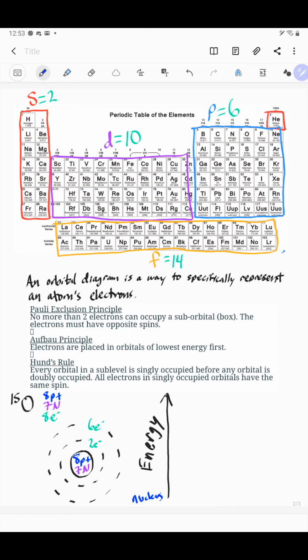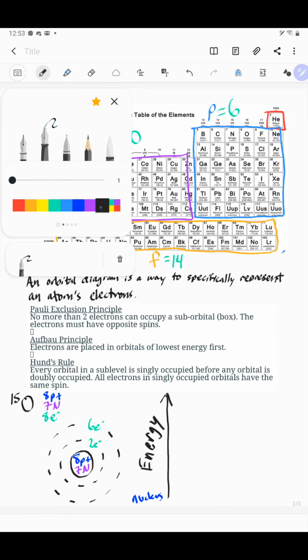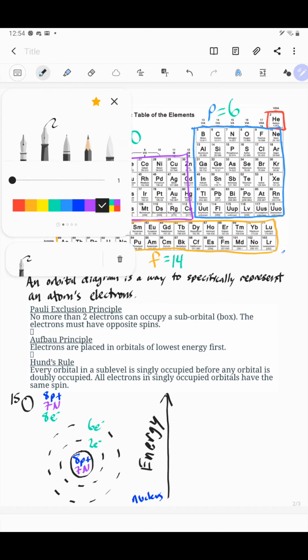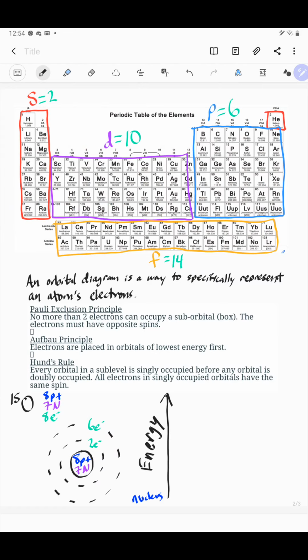All right, we're going to start filling in our orbitals. So orbitals are going to be represented by boxes, and then the electrons are going to be represented by arrows. I said that an orbital diagram is a way to represent an atom's electrons.